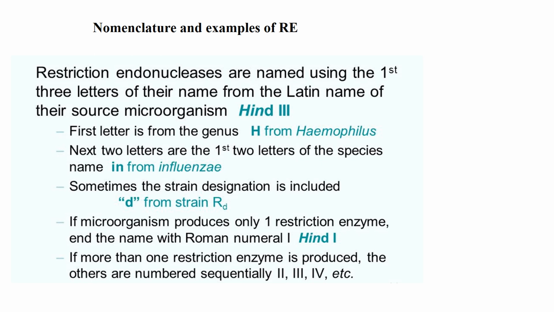Suppose I isolated Hind first, it would be Hind 1. If I isolated it second, it is Hind 2. Similarly, Hind 3 means the order of isolation. This is the naming of restriction endonuclease.